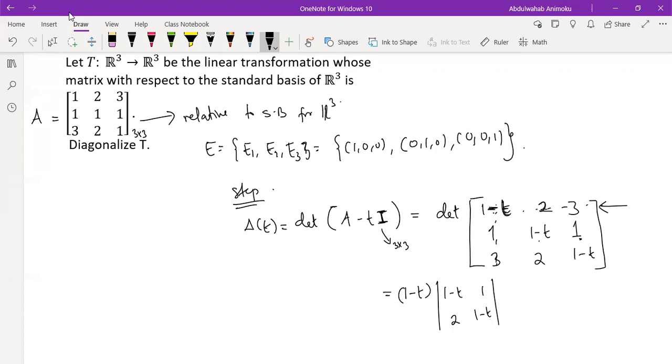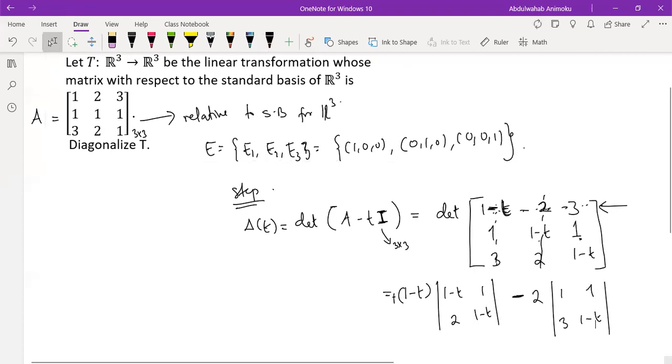Then we go to the second term. Remember that the first term will have a positive sign, the next one will have negative, the next one will have positive, and that's how you alternate the signs. So the next one will be minus 2 times the determinant of what remains when we close the row and column that 2 belongs to. That would give us 1, 1, 3, 1 minus t.